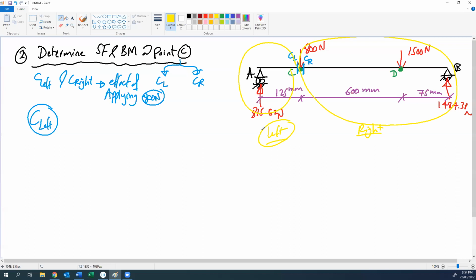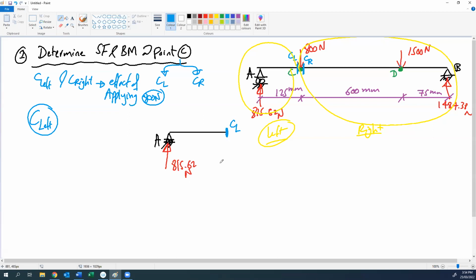It is easier for us. So if I take this part here, at point A, roller support, we have a reaction 815.62 Newton, and here we have our cut C left.